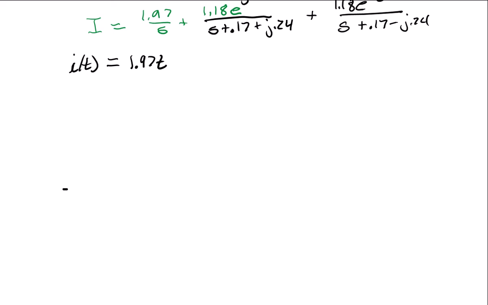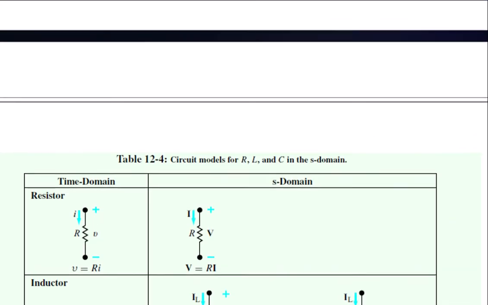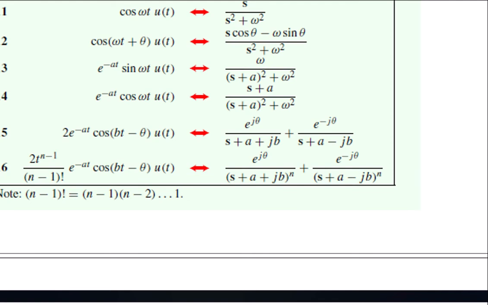All right, so let's just take a look at it. So when you have e to the j theta plus e to the minus j theta over s plus a plus jb, then the a part is going to be in the exponent of the exponential. The b part is going to be the coefficient of the t in the cosine bt, and the theta is the phase shift in that cosine, and there's a 2 out in front.